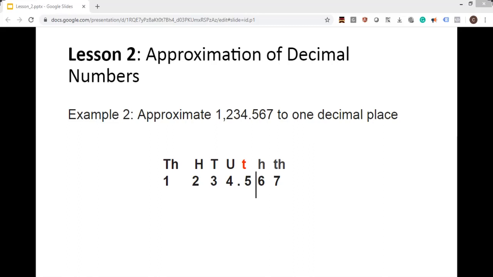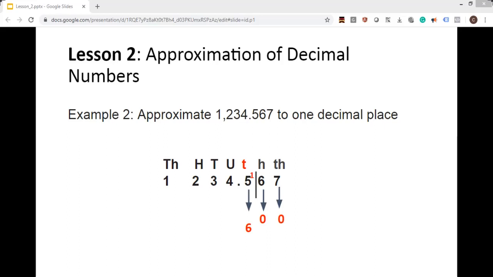Look at the digit immediately after the line. It is the number 6. What do we do? We turn it to 0. Because 6 is greater than 5, we add 1 to 5, which turns 5 to 6. And finally, we look at the digit after 6, which is 7, and we simply turn it to 0.